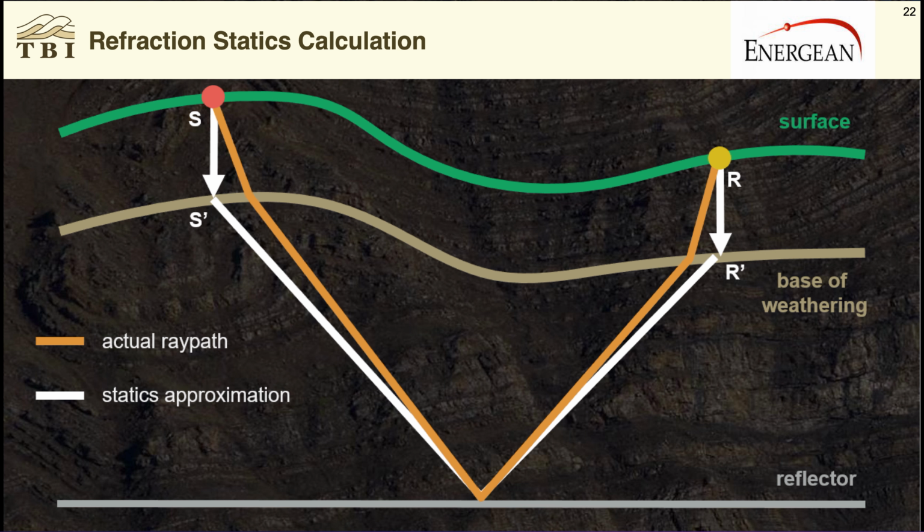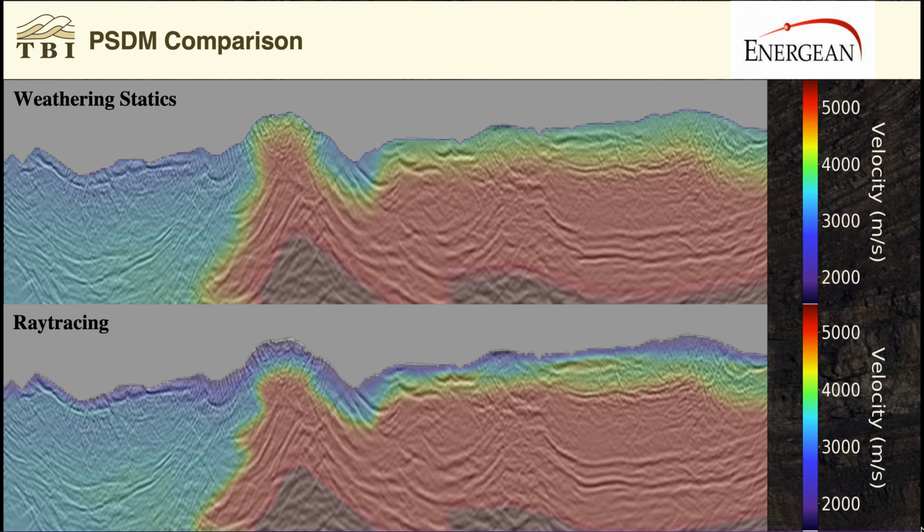We still want to account for the time delays caused by the weathering layer, but instead of using the statics approximation, which uses the vertical ray path, as seen here, we are going to replace the top 300 meters of the depth velocity model with the near surface velocity model and ray trace through those velocities instead of applying a time static to the gathers prior to migration.